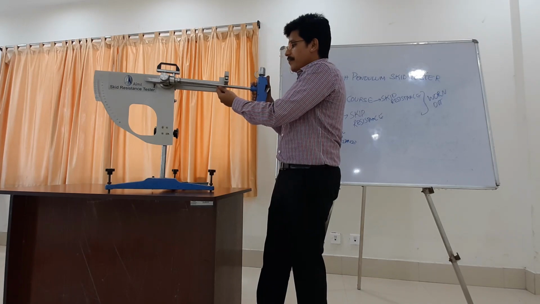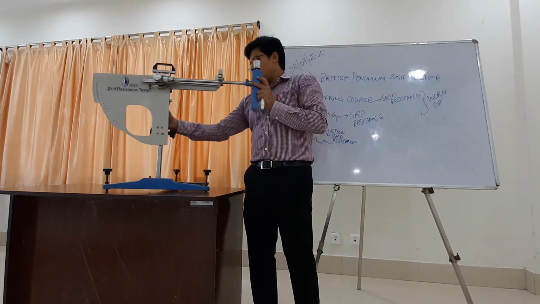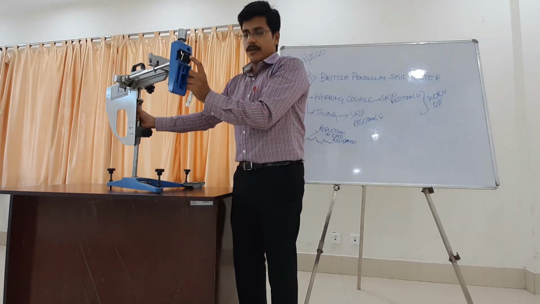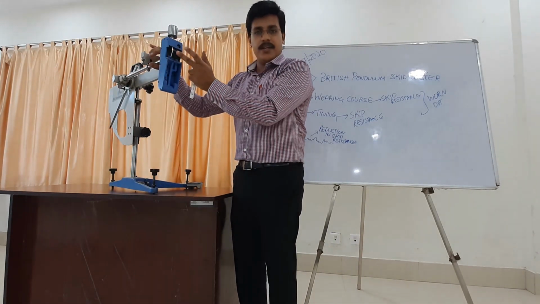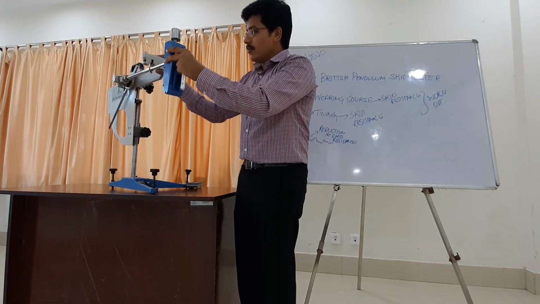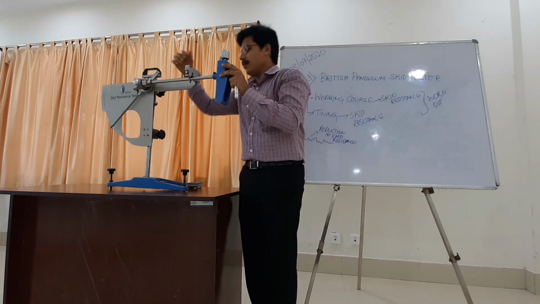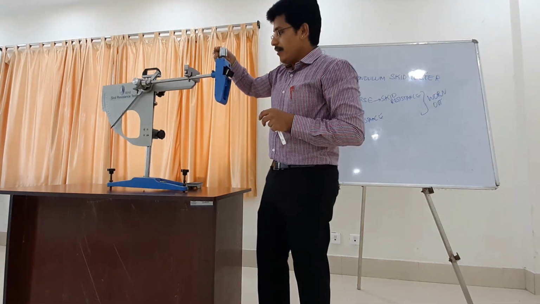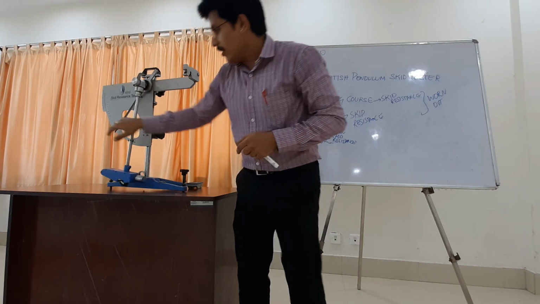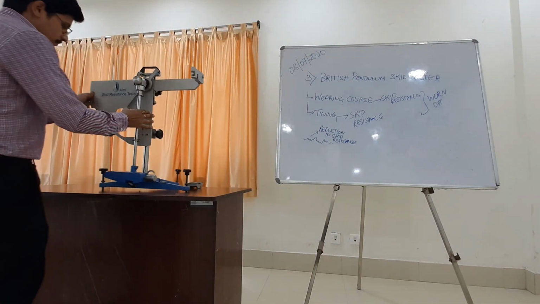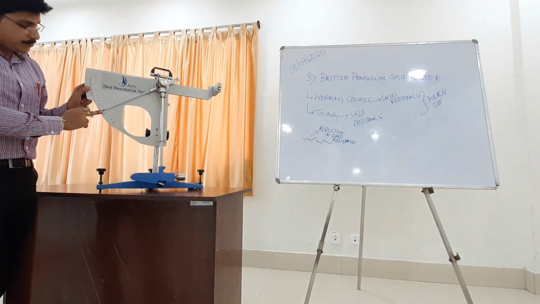This is placed on the pavement, and here we have a standard rubber, which will measure the skid resistance. You will use this rubber on the pavement, and it will move this scale. Wherever the scale stops, that is the BPN, the British pendulum number.